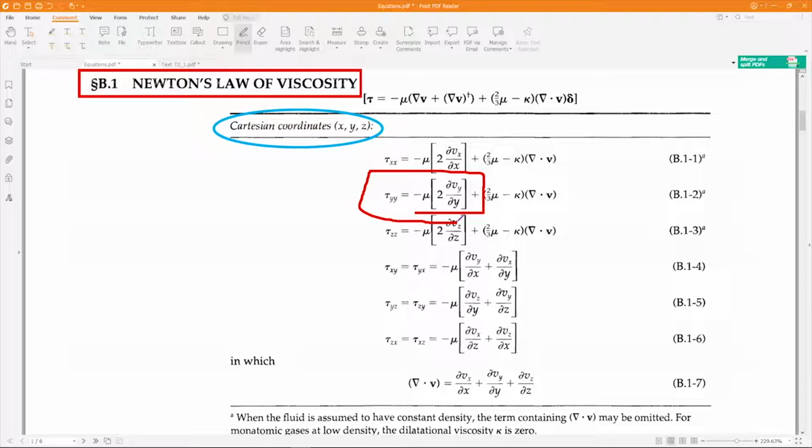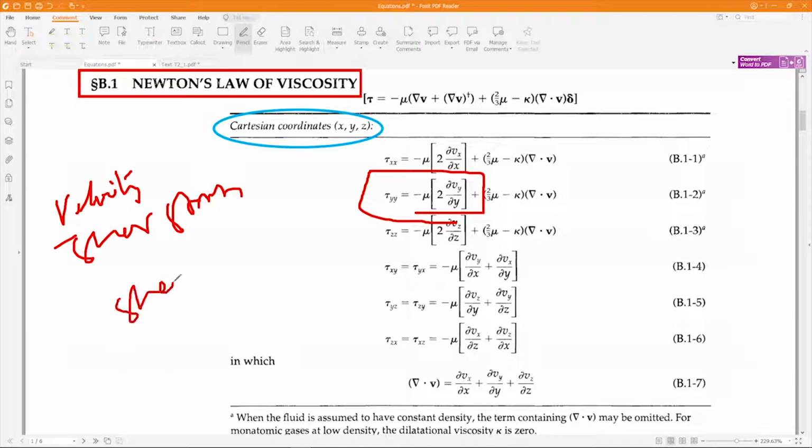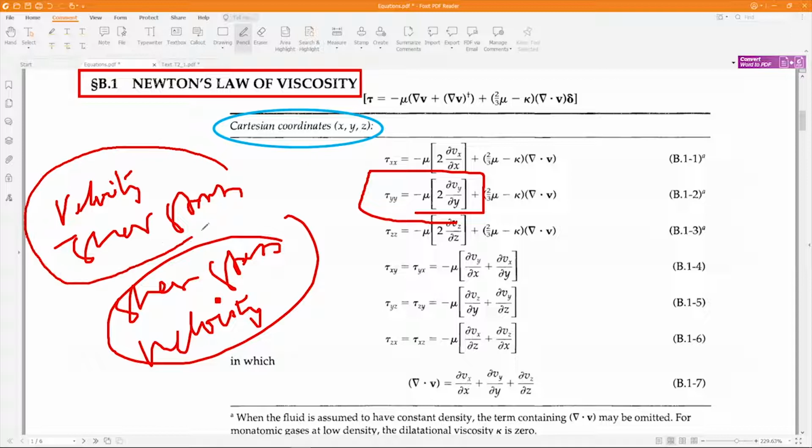You can directly use the equation of motion in terms of velocity, find the velocity profile first, then calculate the shear stress. Or you find the shear stress profile, then put in Newton's law of viscosity, then find the velocity profile. You can do both approaches.